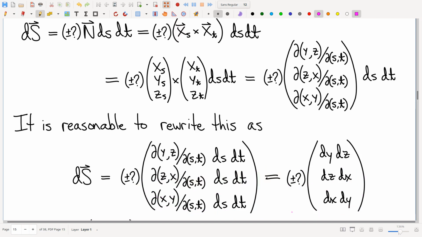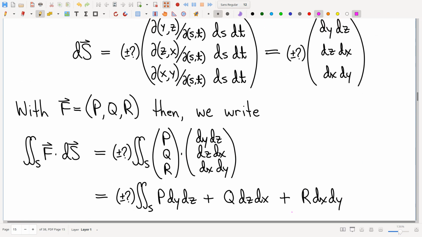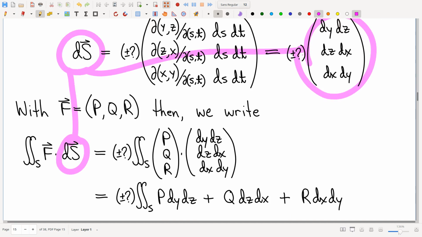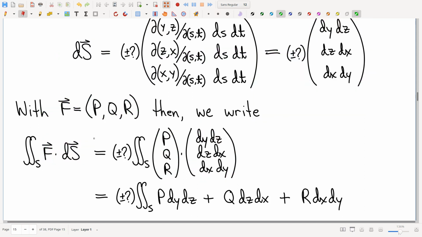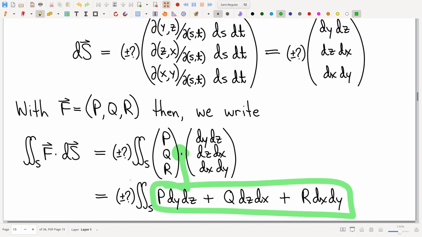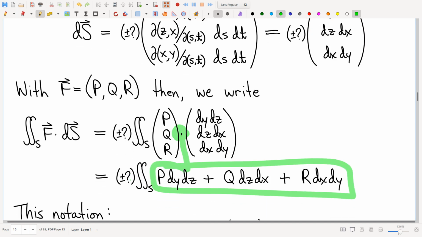So with that done, so ds being rewritten as that, and keeping in mind that our vector field has coordinates like that, you can see where this is going to go, and you crank out this dot product, and you get this right here.